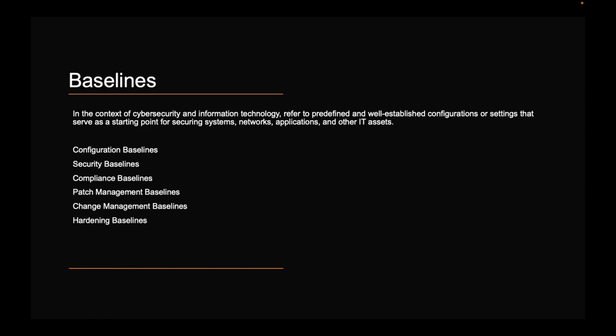These involve the process of reducing the attack surface of systems by disabling unnecessary services, closing unused ports, and implementing strict security settings. Server baselines. These baselines outline the recommended configurations for server systems, covering aspects such as user authentication, remote access, logging, and application security.